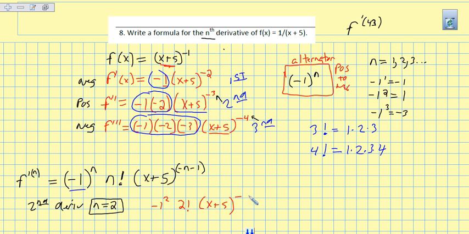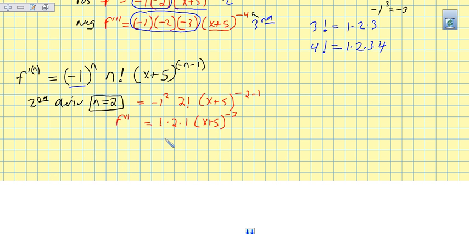And then we have negative 2 minus 1 power. So let's see, negative 1 squared is positive 1. And we have 2 factorial, which is 2 times 1. X plus 5. Negative 2 subtract 1 is negative 3. So the second derivative should equal this. Well, all of this is just 1 times 2 times 1, which equals 2, times x plus 5 to the negative 3 power.